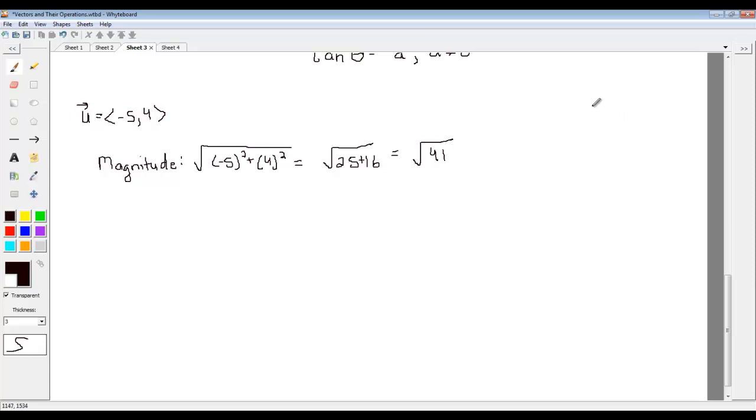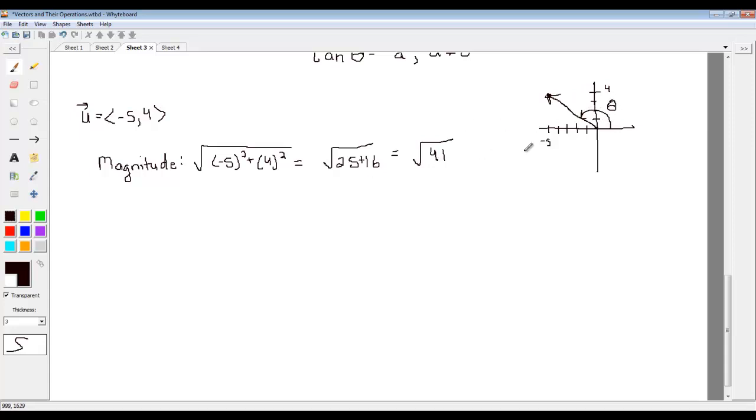Now for the position angle, let's think for a minute what ⟨-5, 4⟩ means. It means our vector is here in quadrant 2 if we draw on the xy axis system, because the -5, 4 is basically like the coordinates of the endpoint for the vector. And when we're trying to find theta, we're looking for this angle here.